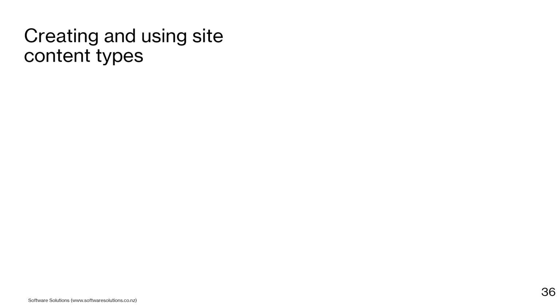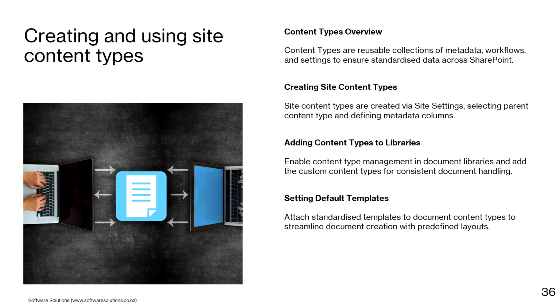Content types are a foundational step in implementing effective governance and IA in SharePoint. Content types are reusable collections of metadata columns that we made earlier, workflows and settings that you can apply consistently across document libraries and lists, ensuring standardized data and improved searchability. There are two places you can create content types, either at the site level or at the admin level.